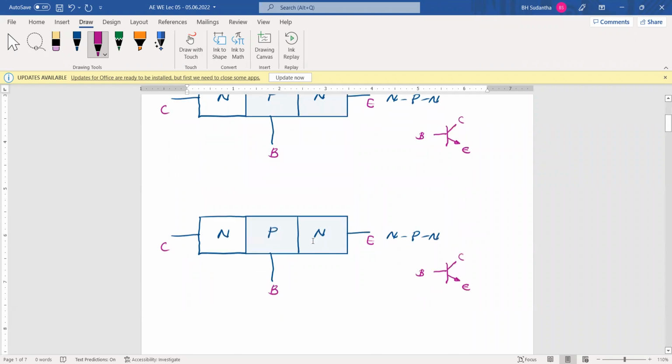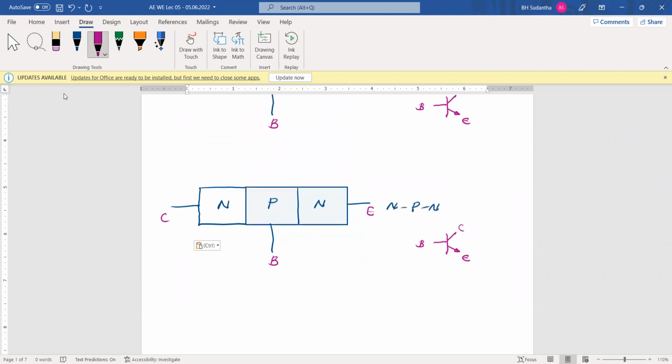Now this is an NPN transistor. I'll put a battery like this. What do you think?